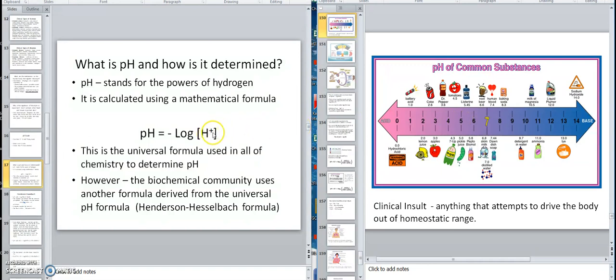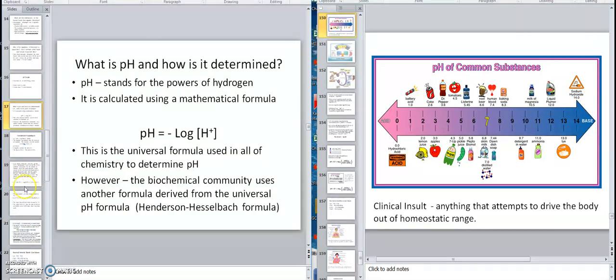So small changes here make a big difference in the amount of H pluses, which means that if you are out of range too much, you can have a problem.